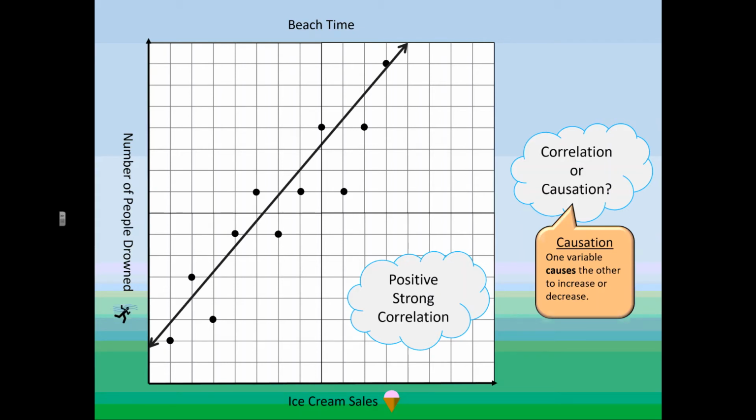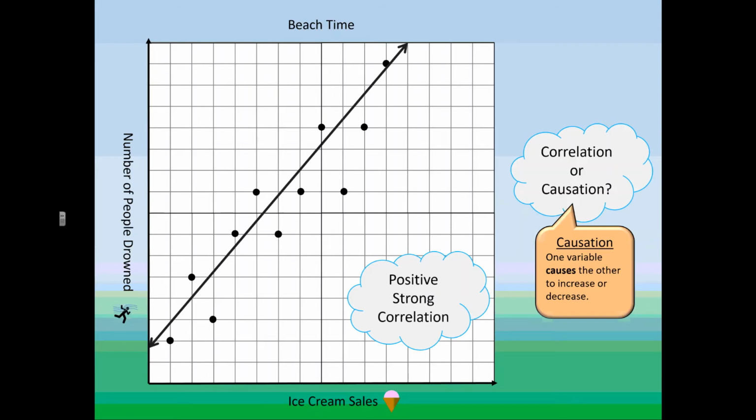So homework and your grade, that would be causation, because homework causes your grade to increase or decrease. But in this case, it doesn't seem right. It doesn't seem like ice cream sales would cause people to drown. I mean, these are just sales of ice cream. We don't even know if the ice cream's being eaten. We don't know who's buying the ice cream. Maybe because people drown, that's causing people to buy ice cream. But that doesn't sound right either.